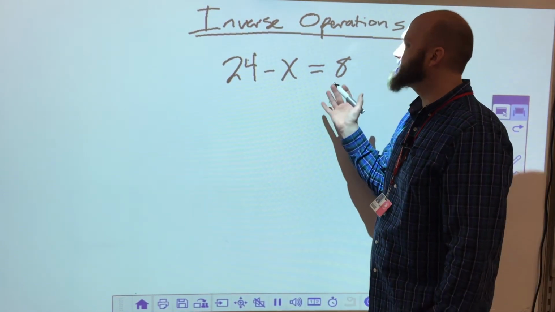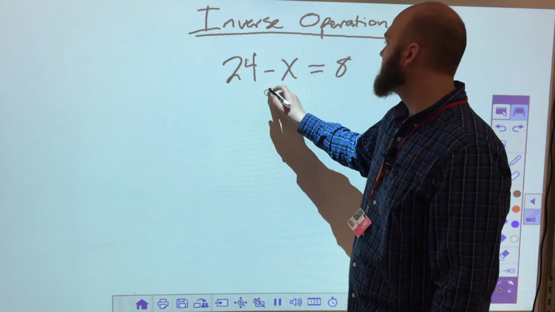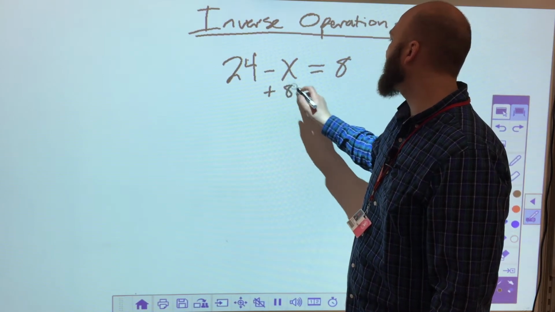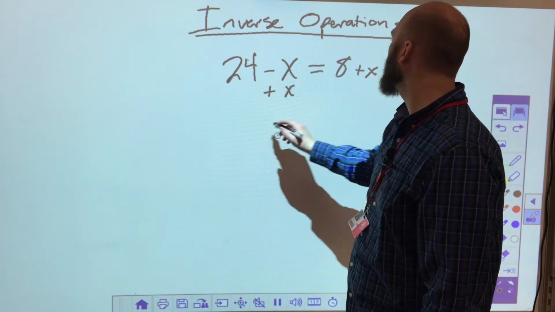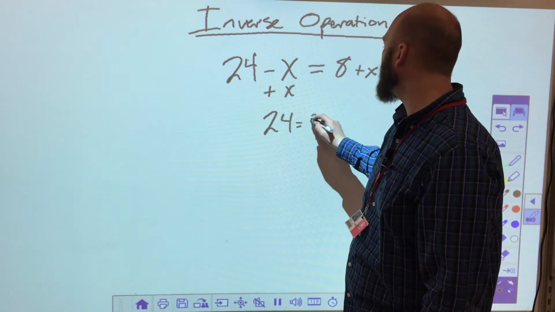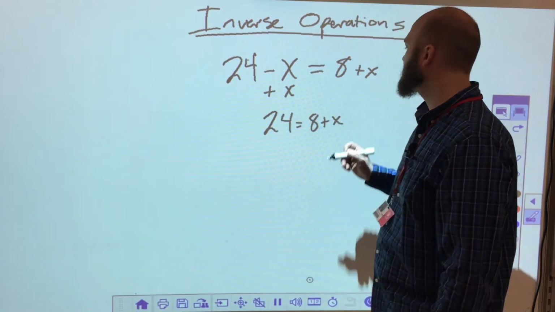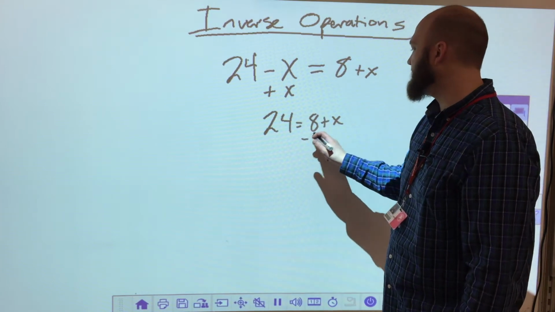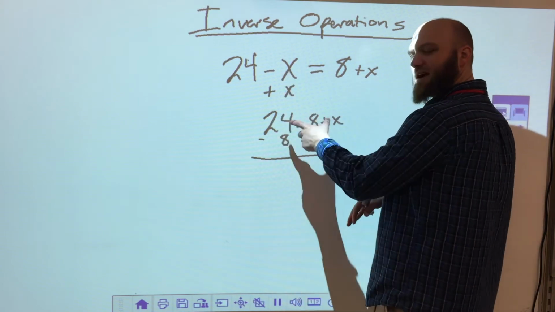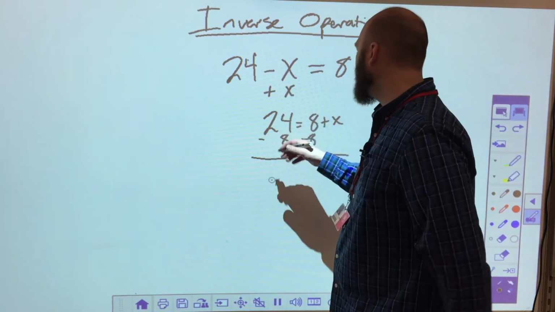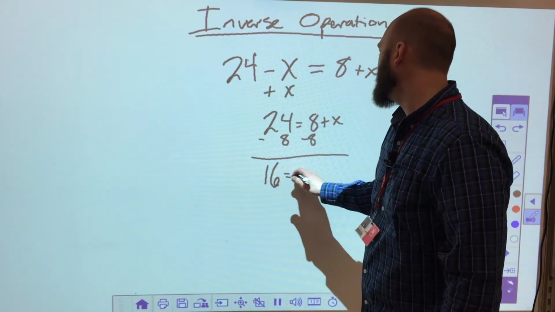So 24 minus x, well, I can go ahead and, instead of subtracting x, let's add x. Oops, sorry. Add x to both sides. And I get 24 is equal to 8 plus x. All right, so now instead of adding 8, let's subtract 8 from both sides. I can pull them away because now I have an equation that I can work with. And I get 16 is equal to x.